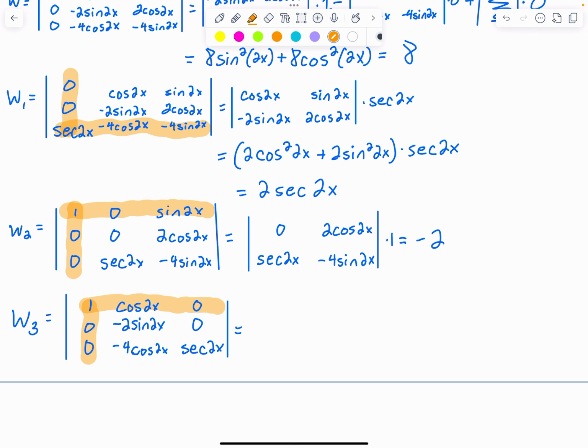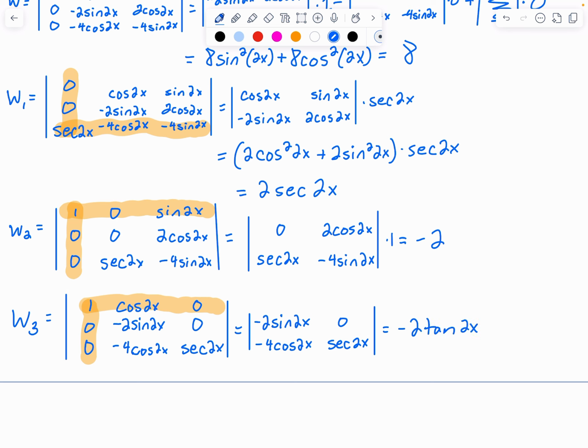I can just move the row down each time. That's the only thing that's going to catch. So I'm going to do negative 2 sine 2x, negative 4 cosine 2x, and then 0, secant 2x. If I multiply that, secant's just 1 over cosine. I'm going to get a negative 2 tangent 2x.